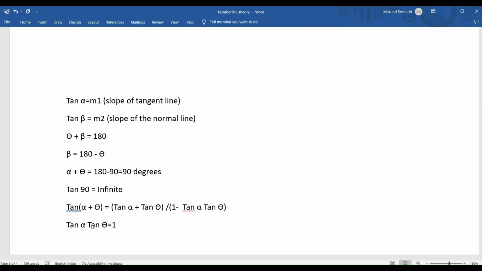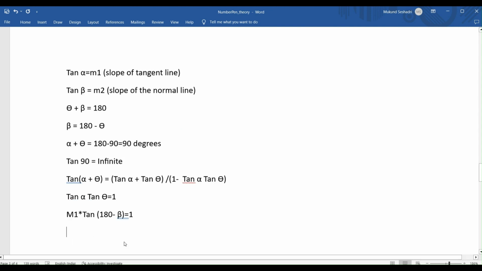Now we have tan alpha, which is m1, and we have tan theta, which is tan of 180 minus beta, where beta is the angle of the slope of the normal. Now, what is tan of 180 minus beta? It is minus tan beta.